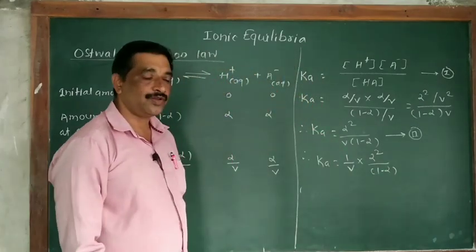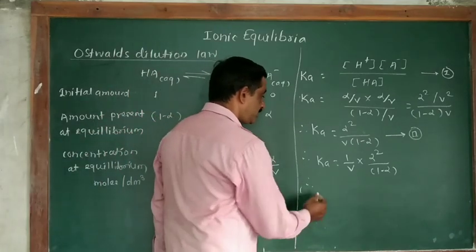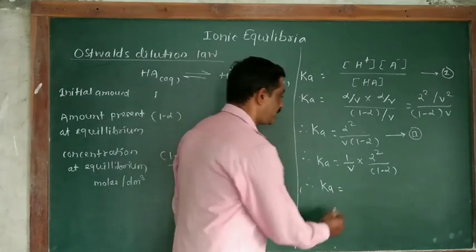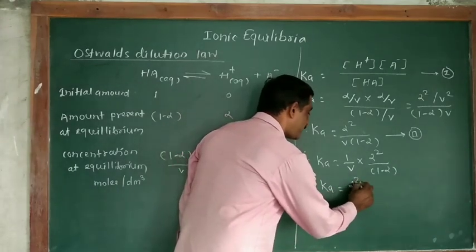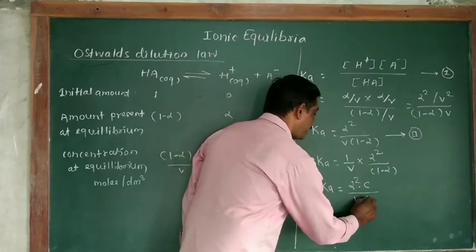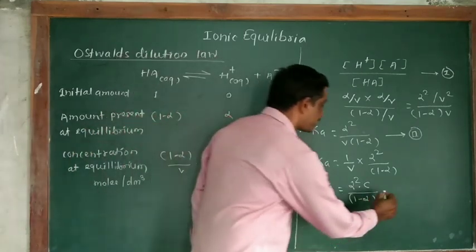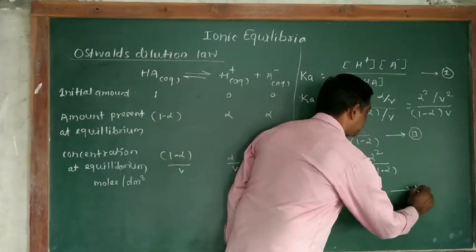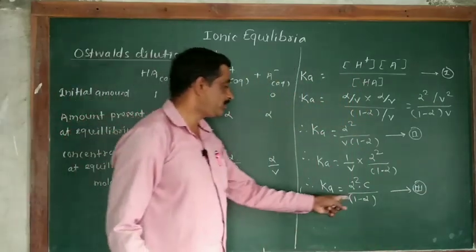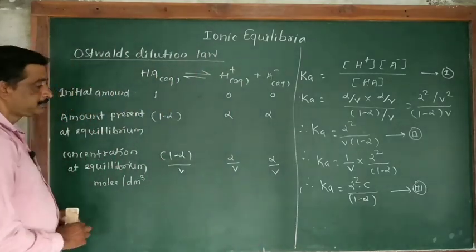But the reciprocal of volume is nothing but the concentration, and therefore we got another equation, that is Ka is equal to alpha square into 1 upon V, which is nothing but the concentration, divided by 1 minus alpha. So this is equation number 3.